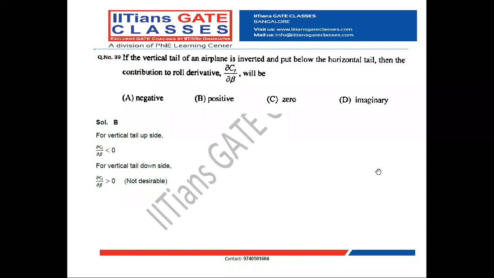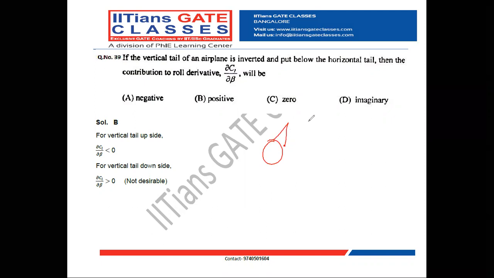We already know that rolling and yawing is a coupled motion. First, let us assume that the airplane is side slipped.